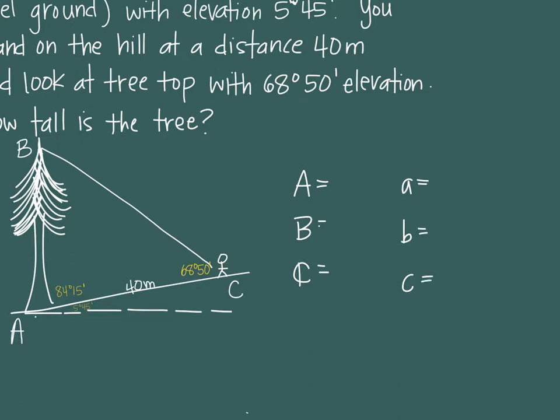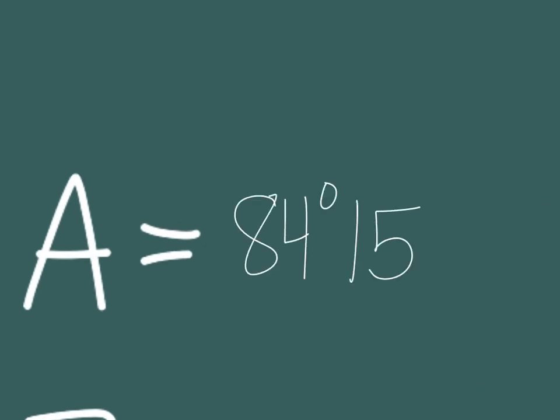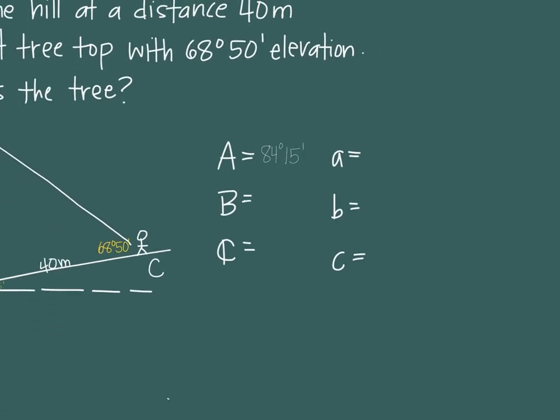I got to fill in at least 3 of these spots. Angie, you want to pick one? Pick something and fill it in for me. I got to fill in 3. Specify which A you mean. Capital A is 84:15. 84 degrees, 15 minutes. Good.